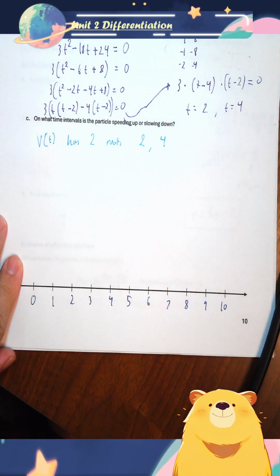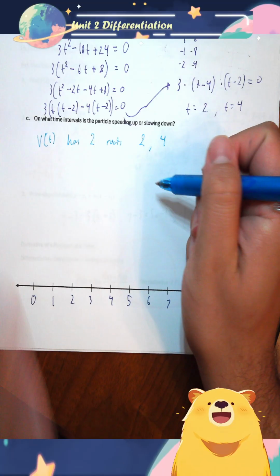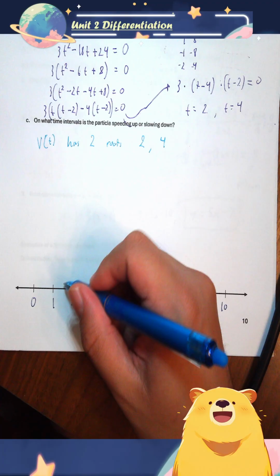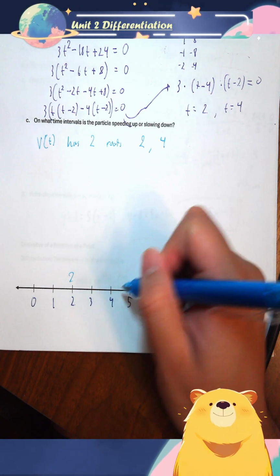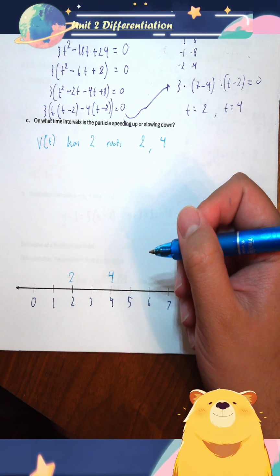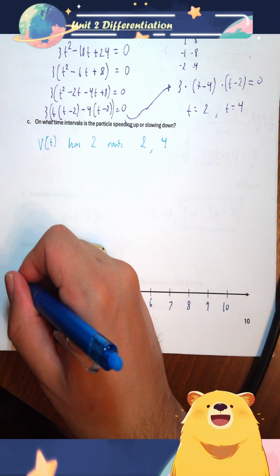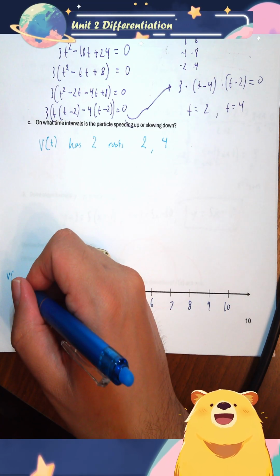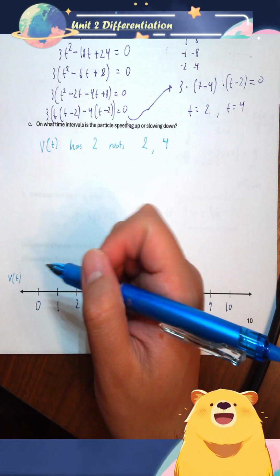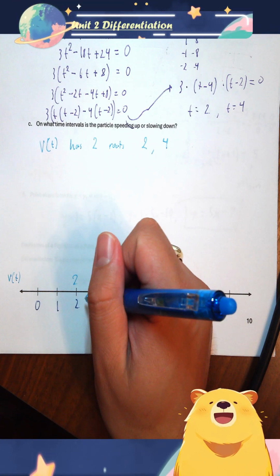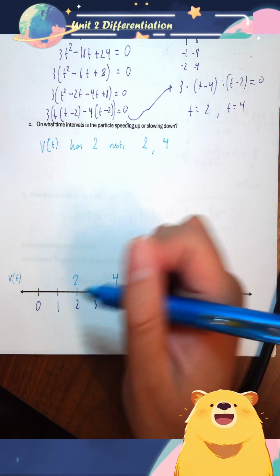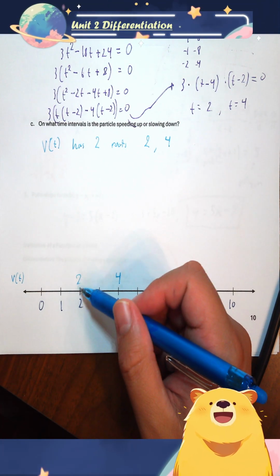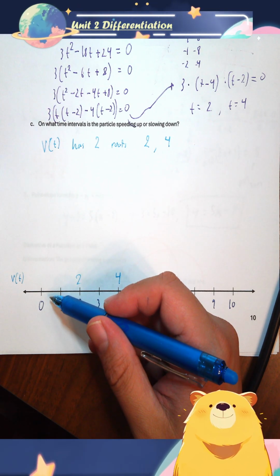The only times that the velocity has a moment to change from being positive or negative are 2 and 4. So for velocity, we should check values and determine where it's positive or negative. Excuse me, I misspoke.